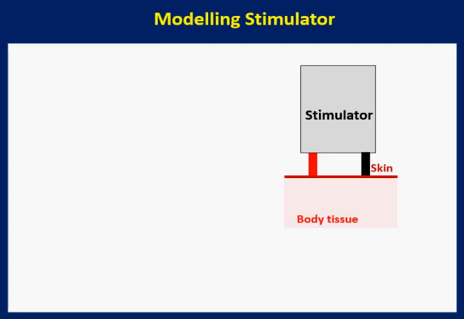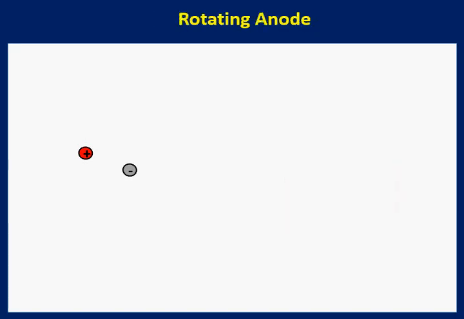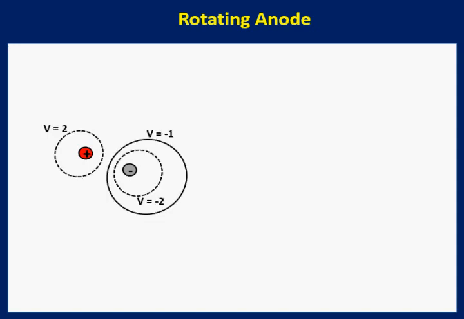The stimulus artifact is usually reduced using a technique called rotating the anode. The stimulus current enters the skin from one pin and exits through the other. Thus, it can be modeled as a current dipole. The electrical field generated by such a dipole is shown schematically using isopotential lines.